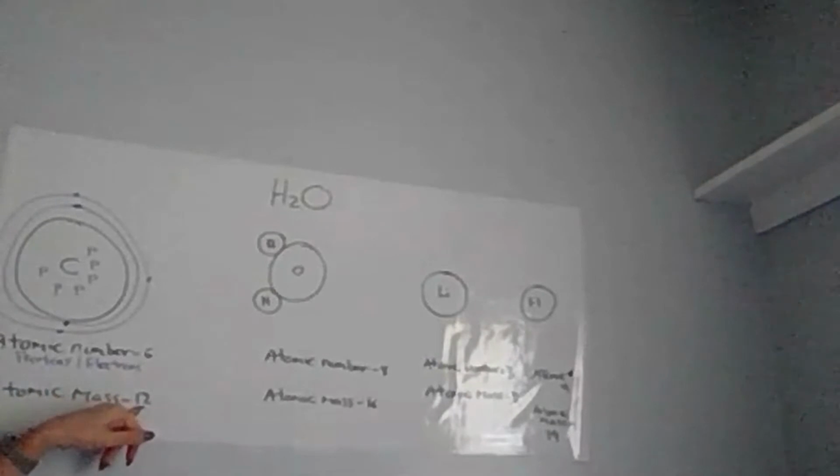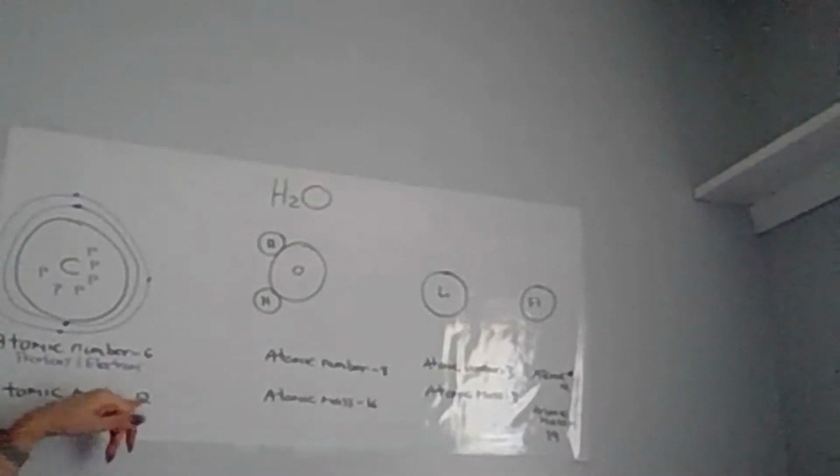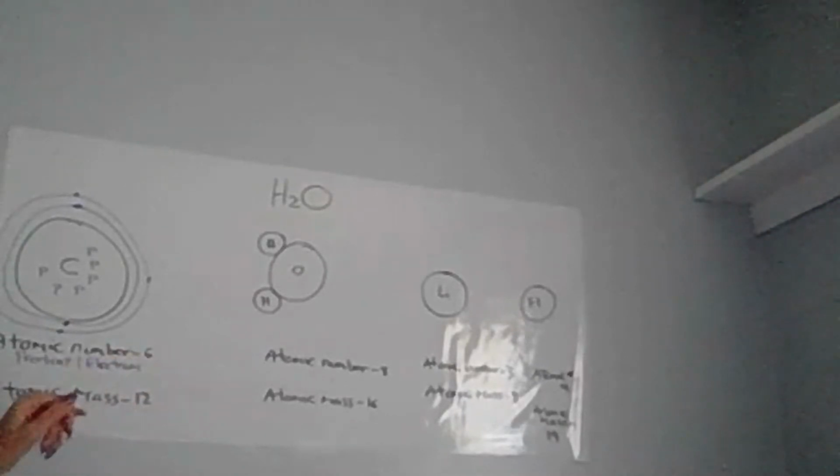Remember that your atomic mass means the total amount. In order to get your atomic mass, that's going to be given to you, and you can find out how many neutrons you have by subtracting your atomic number from your mass, and that will give you your neutrons. So that's just a quick review.